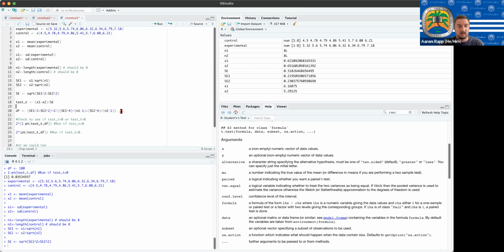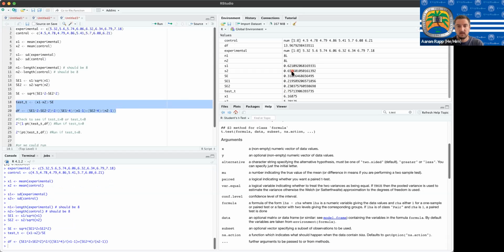Once I have that, I can calculate my test statistic and degrees of freedom. So my test statistic is 2.7571, which is a pretty large test statistic. And I have degrees of freedom, which is essentially 14. Not exactly 14, but essentially 14.